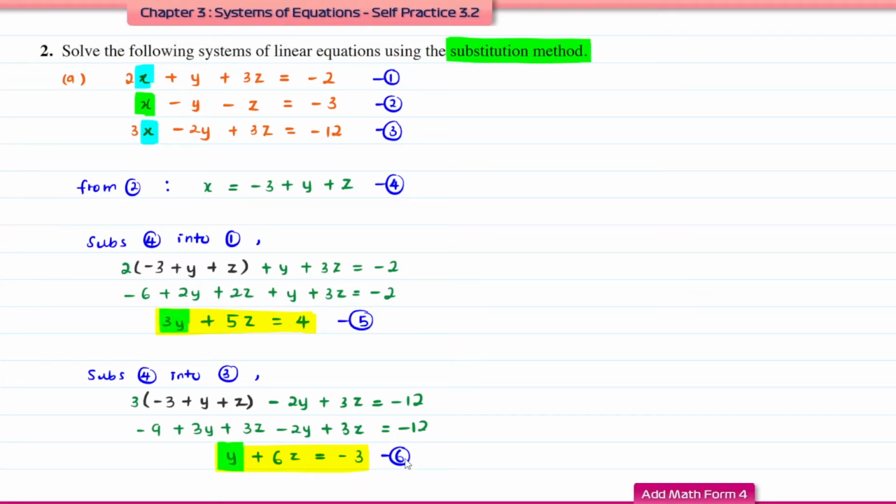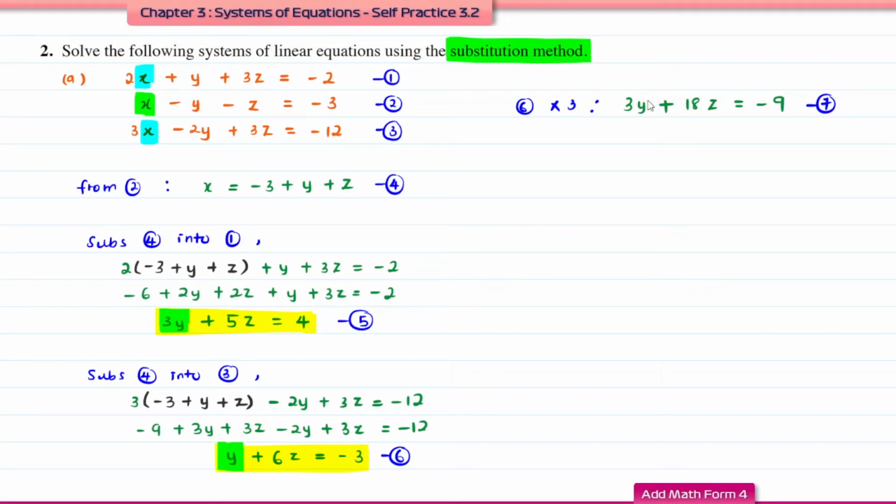So for equation number 6, I'm going to multiply it by 3. So here you're going to have 3y plus 18z equal to negative 9. And this I'm going to label as equation number 7.